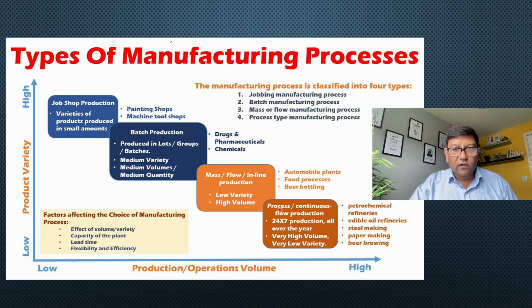That is called process or continuous flow production, which has very high volumes and very low variety, or no variety, just a very high volume of one single product, and the machines are working all the time.